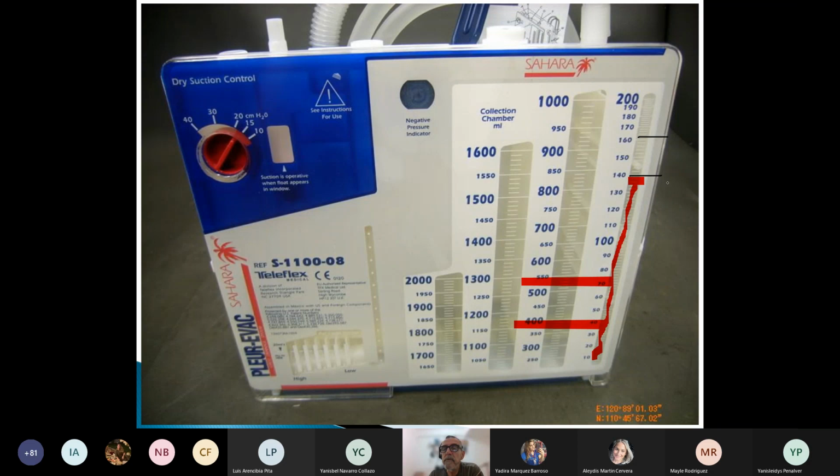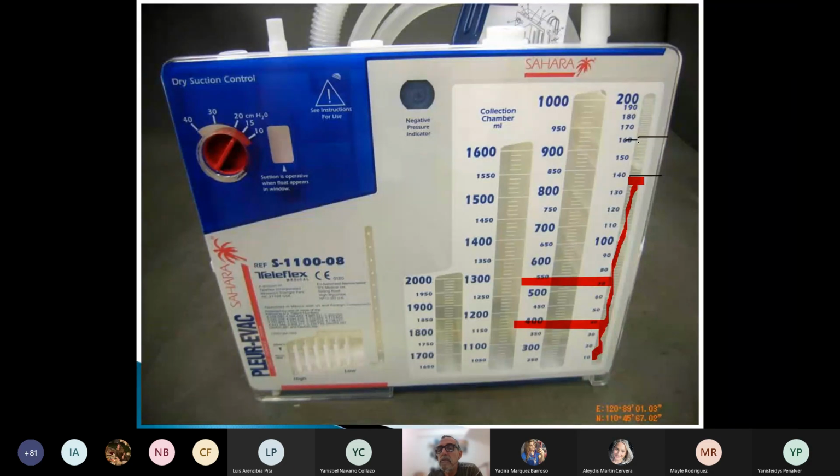How many milliliters did the client drain? You say, oh my goodness, here I see it goes from 140 to 160, which is 20. But I have a little more. I have another line over the 160 mark.